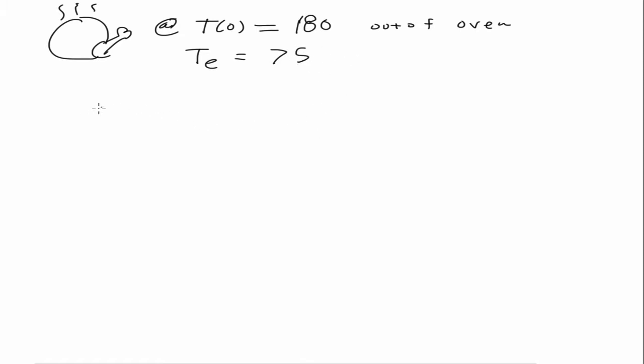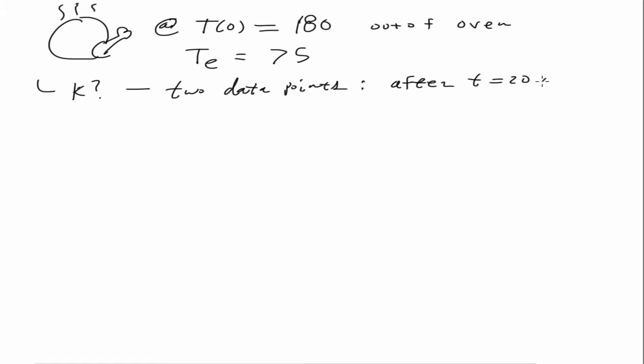All right, and we want to know about the cooling. Okay, and then suppose, the question then is, what is K? Well, maybe we don't know what K is, but we actually have 2 pieces of data. Suppose that after t equals 20 minutes, we observe that T at 20 minutes is now down to 140.